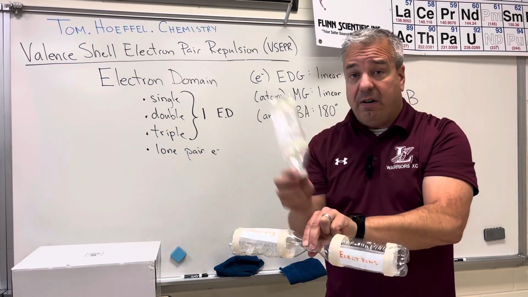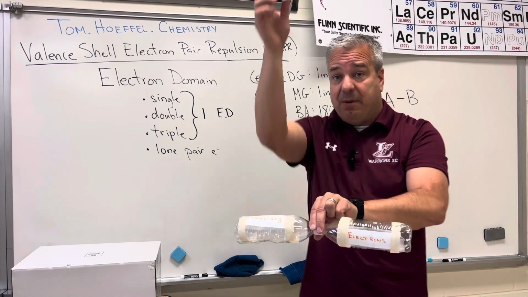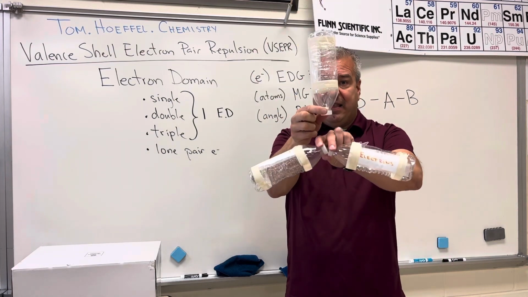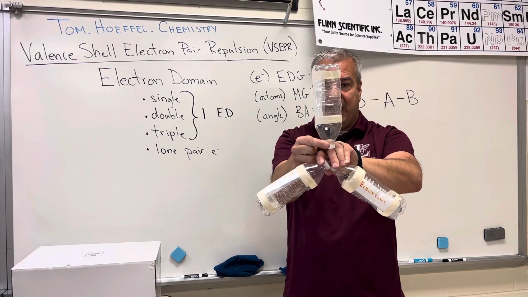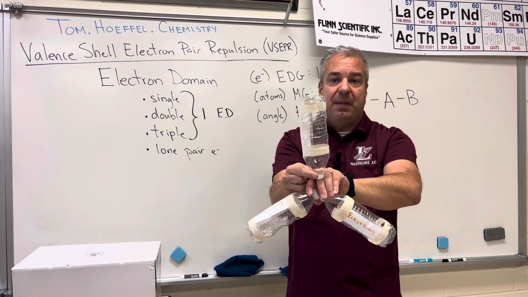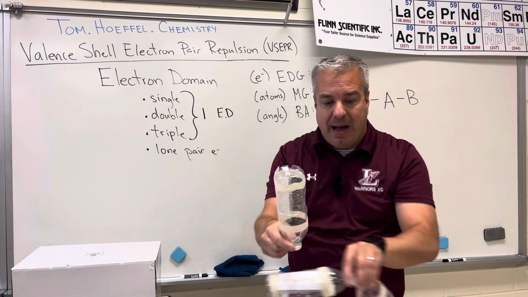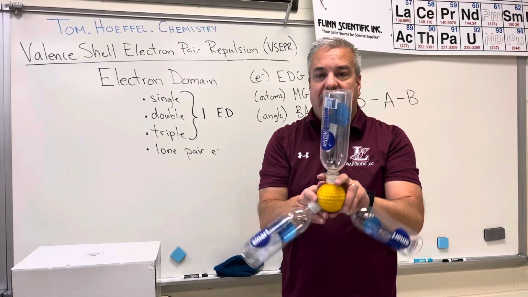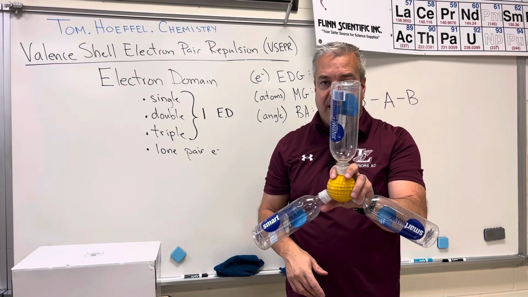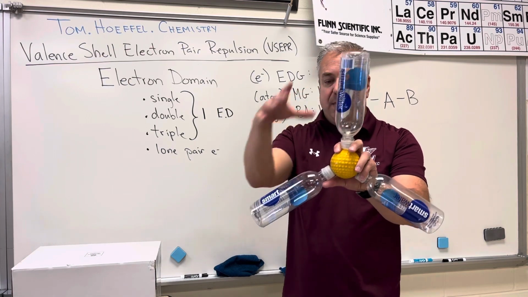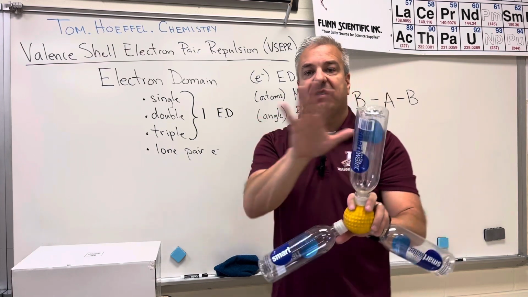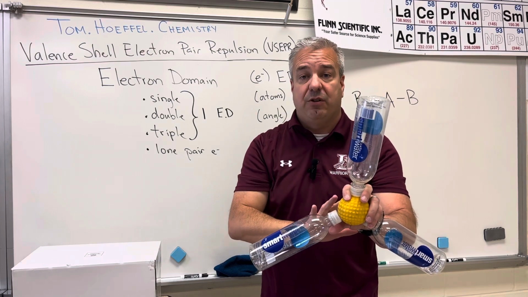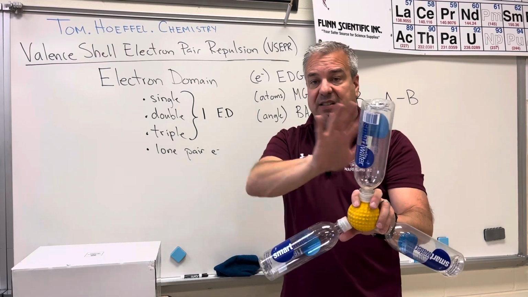And maybe you can already think of the shape that's going to happen. When this comes in, these are going to be pushed down until they maximize their angles. Now I have a model that shows that, so I can hold it with one hand. It would make something that looks like this. So we got this domain, this domain, this domain. This is a total of 3 electron domains.